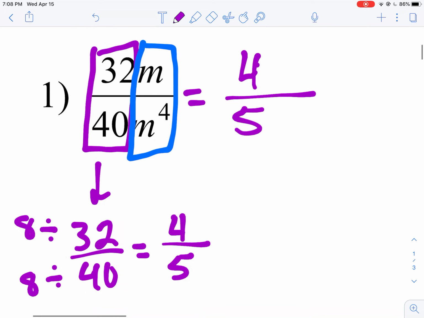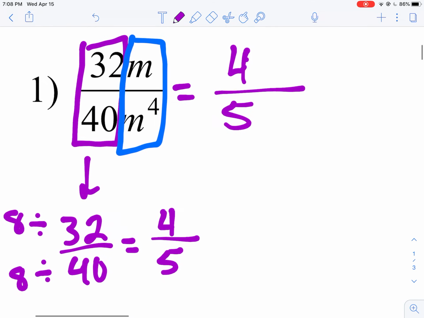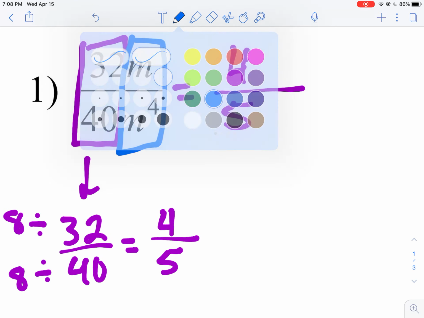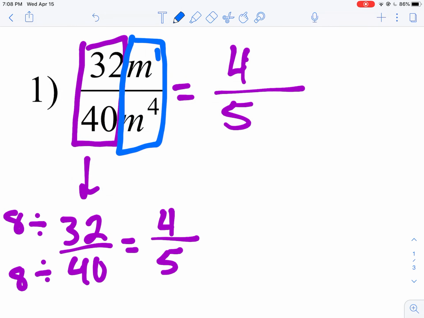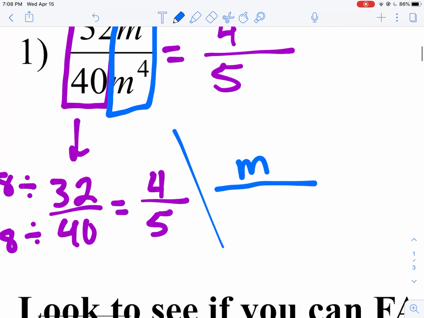Now the next part, and you can see I left a little space there, we have to deal with our m's. Okay, we have m to the first, and we have m to the fourth. So I'm going to write it over here. So we have m to the first on top, and we have 4 m's on the bottom. I'm going to write it like this. M times m times m times m. Okay, that is m to the fourth written out.